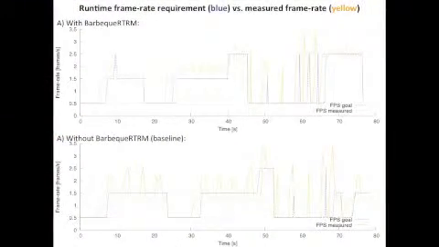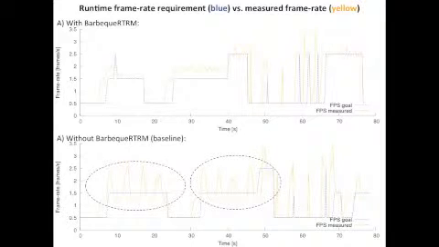In this plot, we compare our prototype above with the baseline version that does not use the Barbecue Runtime Resource Manager below. The multiview runtime requirement, frame rate, depends on what is detected in the scene, so it should be the same since the input video used for the two implementations is the same. A first result is that our proposed prototype is more stable at runtime in following the frame rate goal.